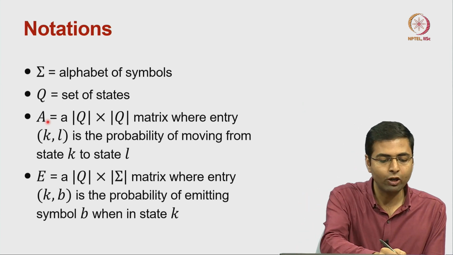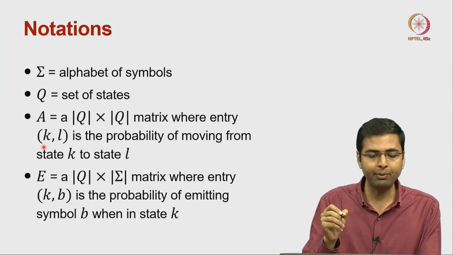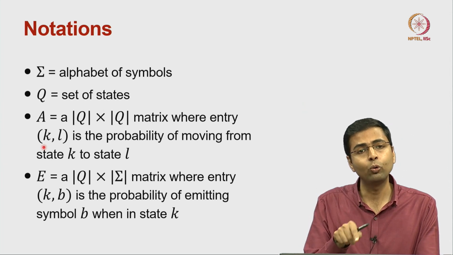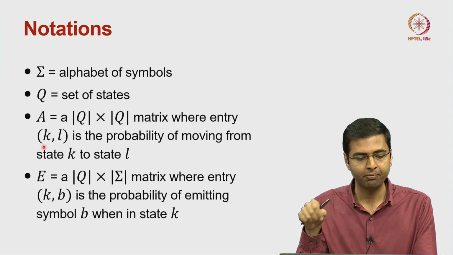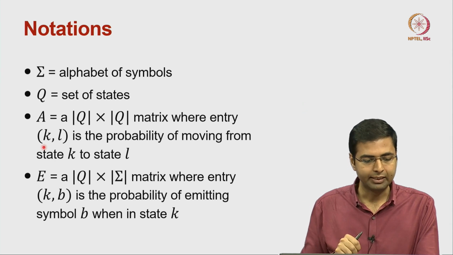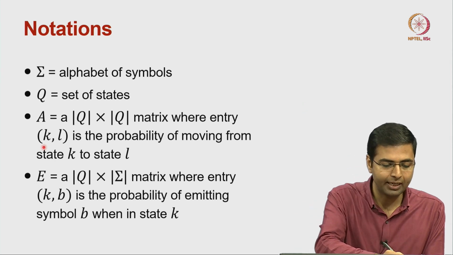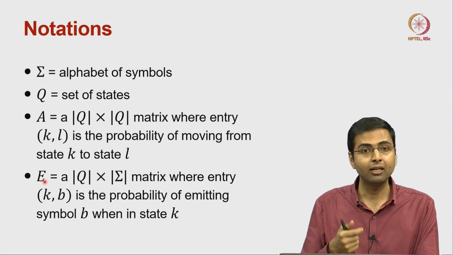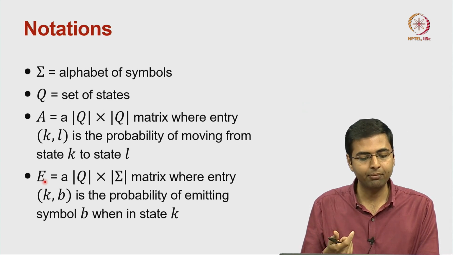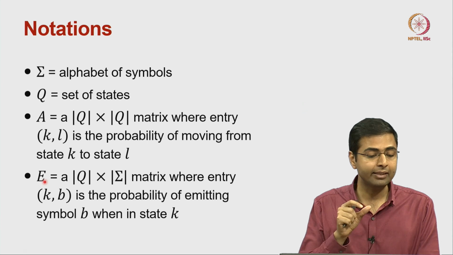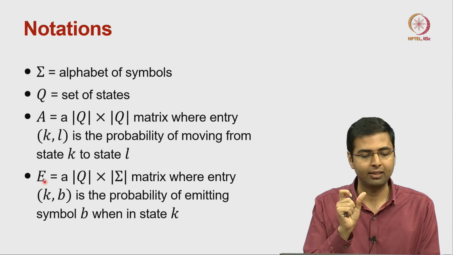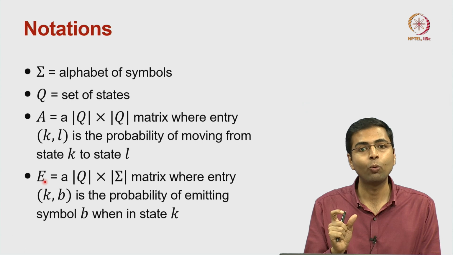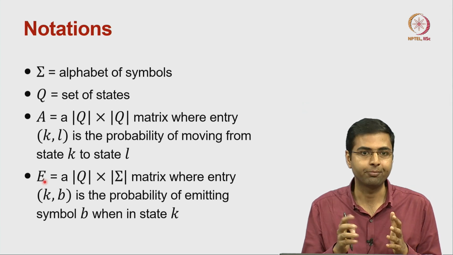For example, the k comma l-th entry of this matrix will tell me the probability of moving from state k to state l. Similarly, I am using capital E to denote the emission probability. This is a Q times sigma sized matrix, where the entry k comma b is the probability of emitting symbol b when we are in state k.